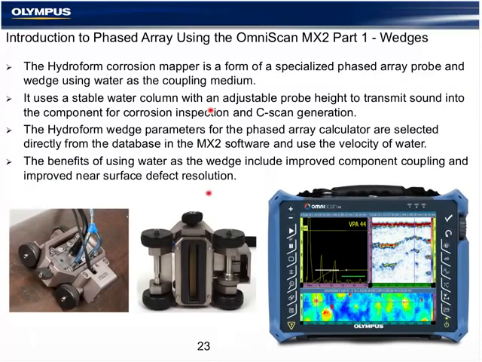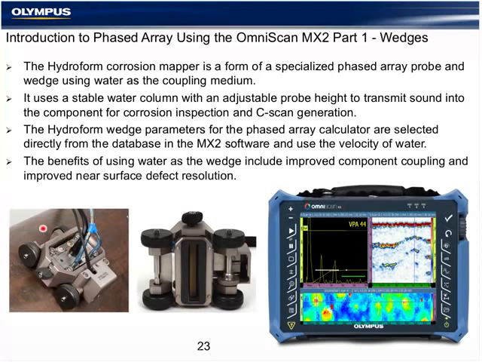Wedges can also be a water wedge, like you see here. We have a 0-degree probe, and the probe is adjustable for a different water column height and has a foam seal and water ports inside and outside so that it retains the water. We remove the bubbles with a little bleed system, and this effectively gives us a little portable immersion tank.